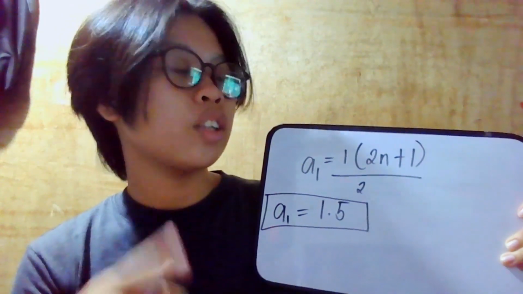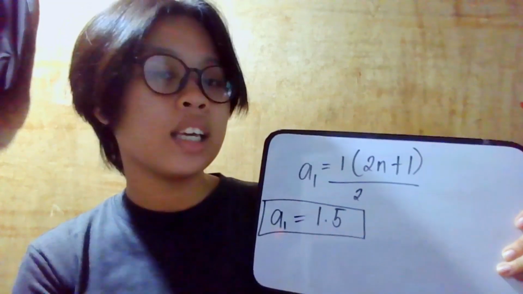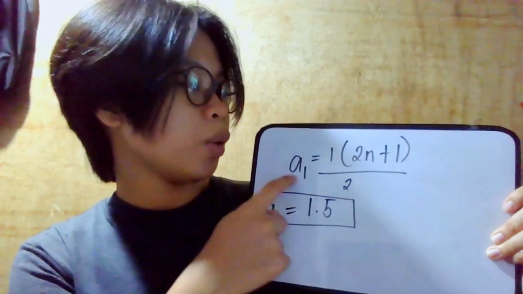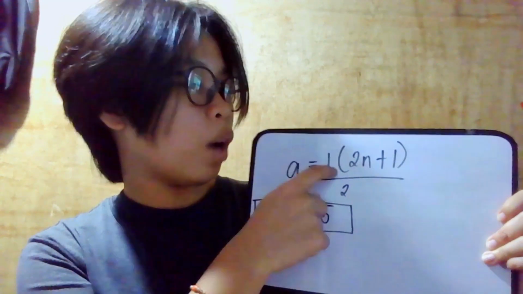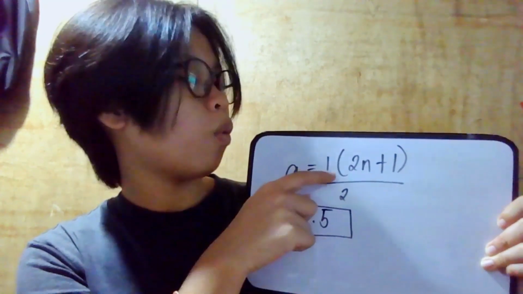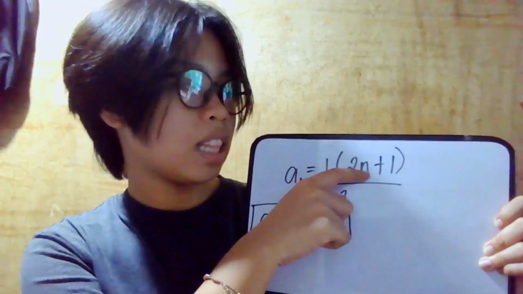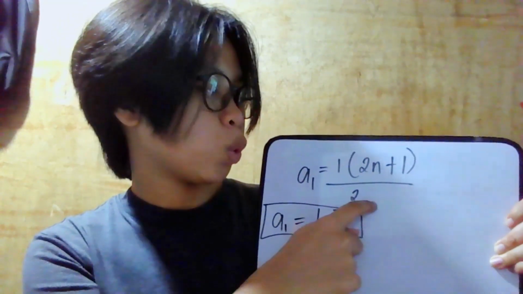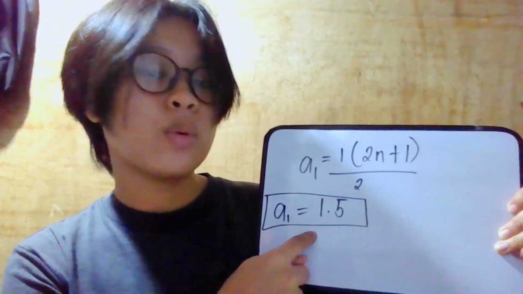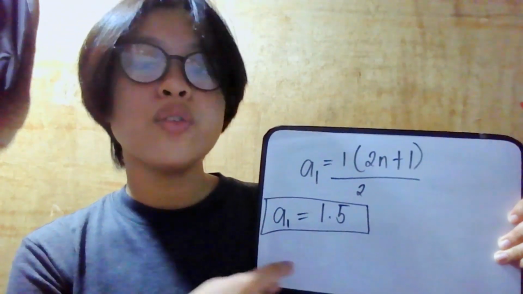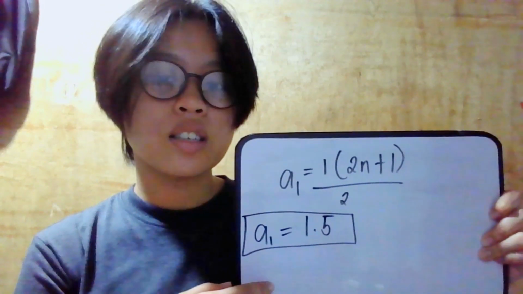So substitute 1 here in the formula. So a sub 1 is equal to 1 times 2, n plus 1, divided by 2. So when we compute it, a sub 1 is equal to 1.5. So that is the first term of the sequence.